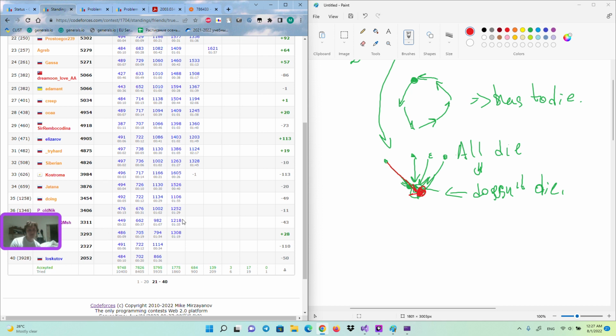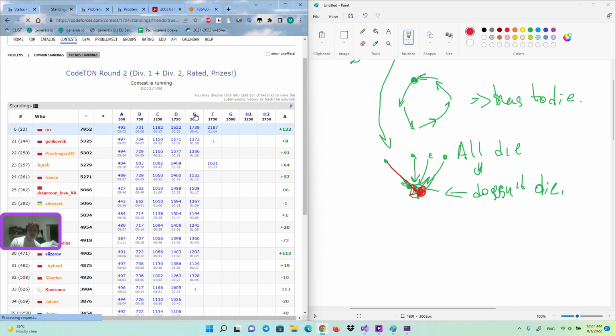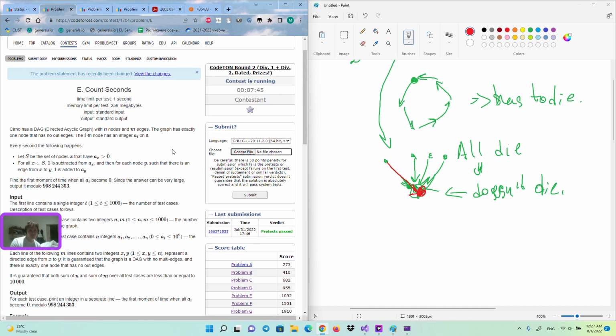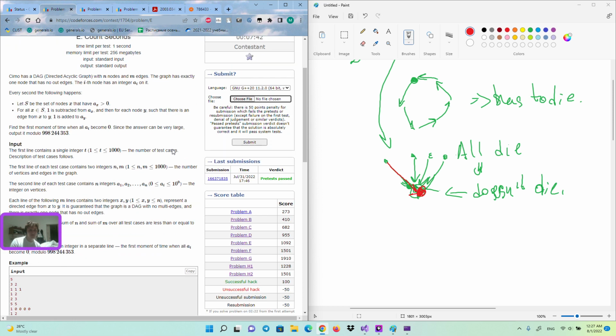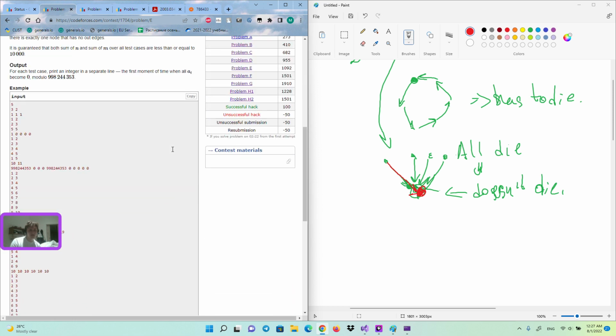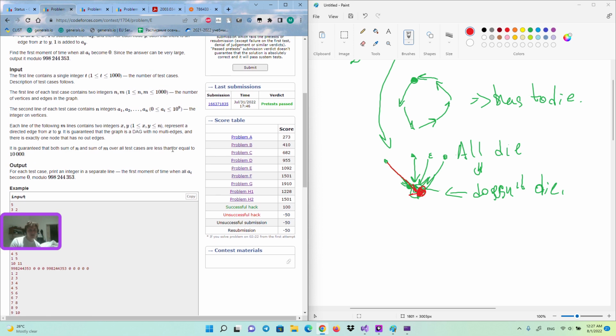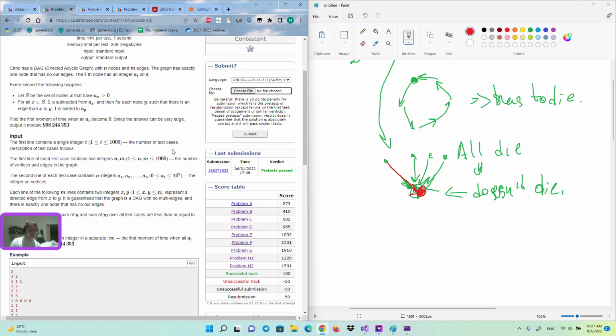Oh, Polnik solved 4. Polnik is great, but still this is -11. Oh no. Didn't he solve E? Oh, I remember this problem.